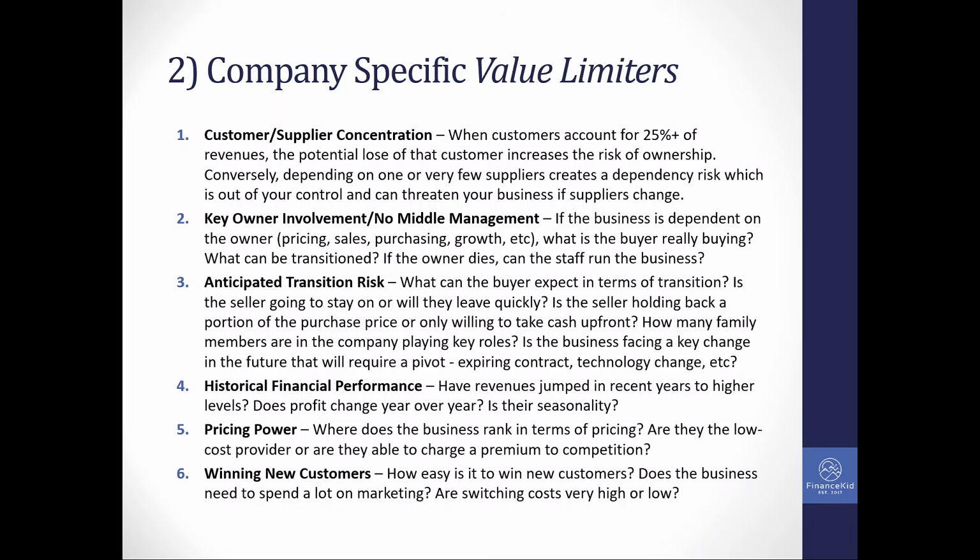Pricing power usually is reflected in the gross margin. So if a business has 45, 50% gross margins, that means that they probably have very good pricing power based on their cost base. On the flip side, if I only have 15% or 20% gross margins, that reflects that I probably can't mark up my product or services as aggressively, and therefore my pricing power is more limited.